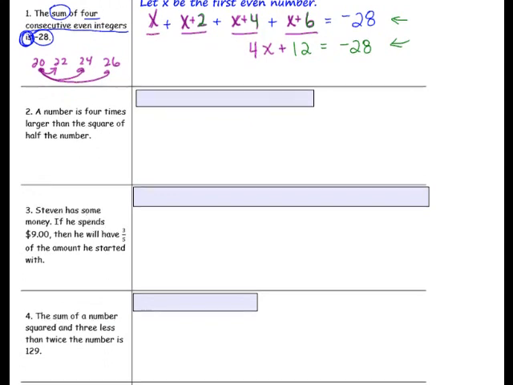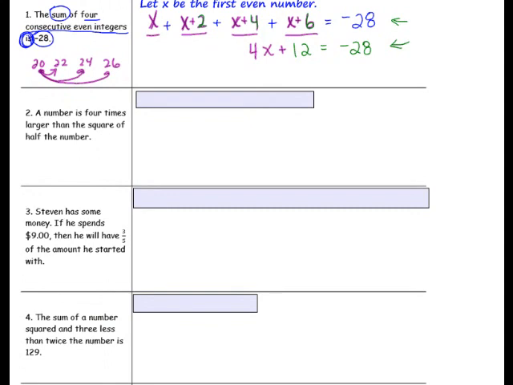Number 2, a number is 4 times larger than the square of half the number. Pause the video, identify a variable, and then try to write your equation. Here are 2 ways you could solve it. The number is 4 times the square of half the number.